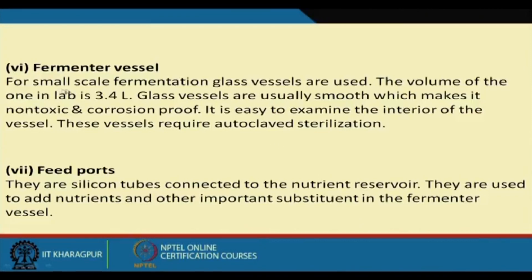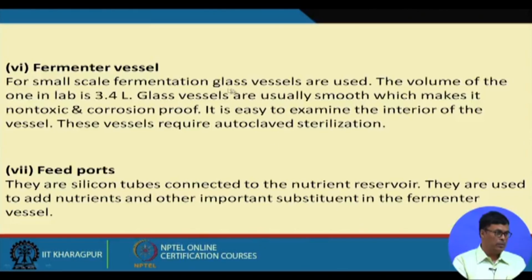Then fermentation vessels. I told you, in the small fermenter we usually use glass vessels so that we can see outside, but in industry we use stainless steel, because stainless steel can resist high acid concentration. In most fermentation processes we produce a lot of organic acids, and organic acids have a corrosive effect on the materials of construction.